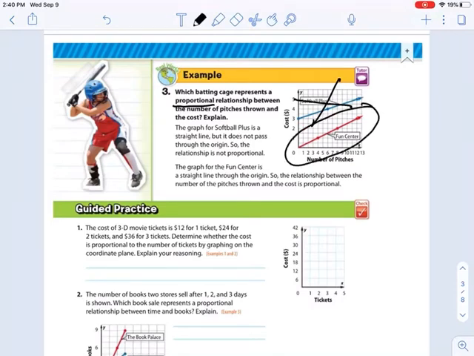Fun center would be proportional. Okay, so I'm not going to write down the reasoning just because I don't have that much space, but if I were to write it down, our answer would be that fun center is proportional because it is straight and it goes through the origin. And it kind of says it right here for us.